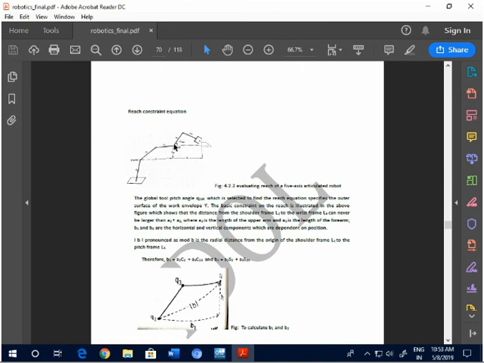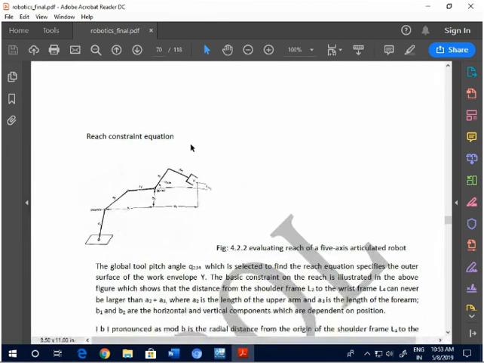Vertical components are again based on the L1 and L2. So link components A2 and A3 are still active, still playing a role out there. So when your B2 is equal to 0, B1 is equal to A2 plus A3.